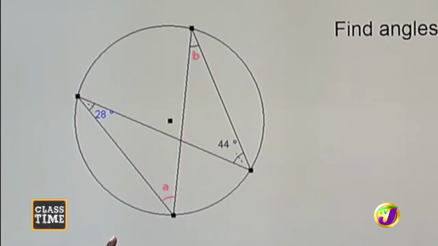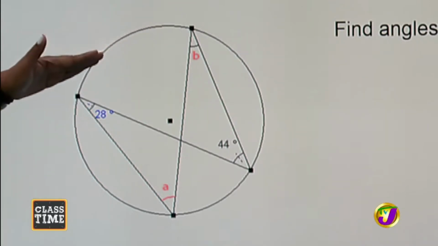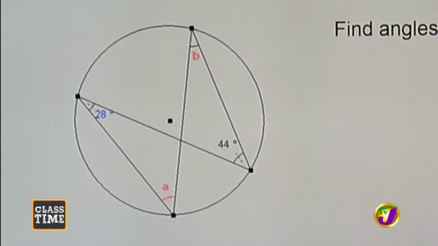No, angle A measures 44 degrees. 44 degrees. Why would you say that, Brittany? Because I remember you saying that angles subtended by the same arc in the same segment, and if I'm looking at this right here, within the same segment, it should measure 44 degrees.